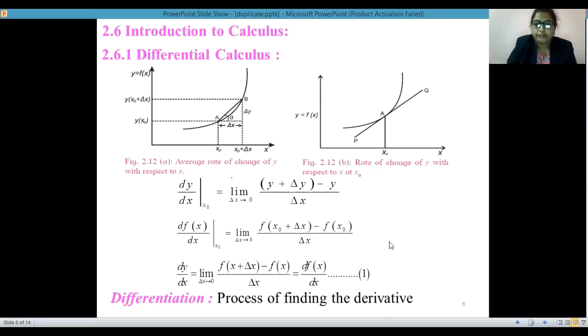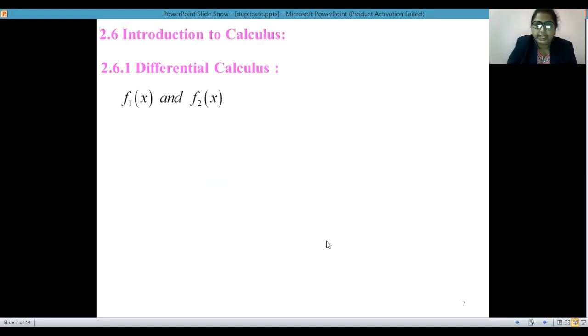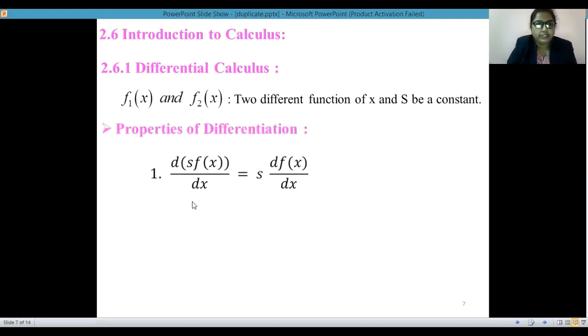So let f1(x) and f2(x) be two different functions of x and let s be a constant. Then some of the properties of differentiation are: first one is d/dx of s f(x) is equal to s d/dx of f(x).